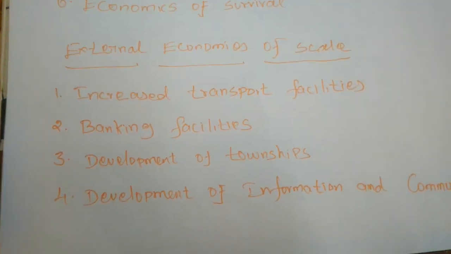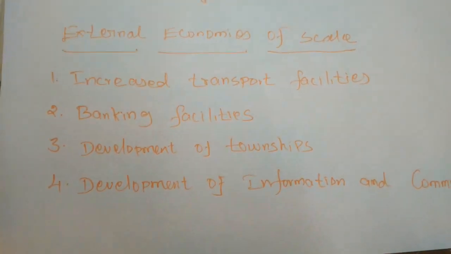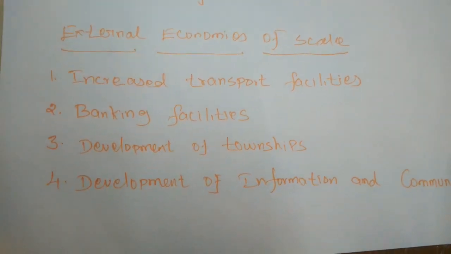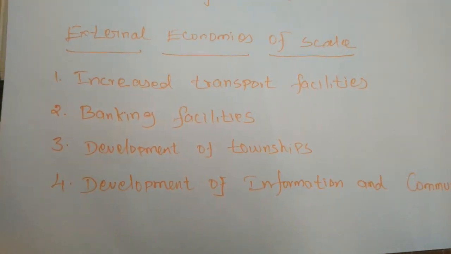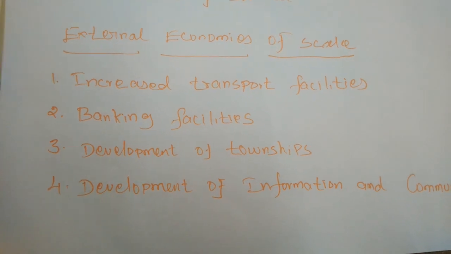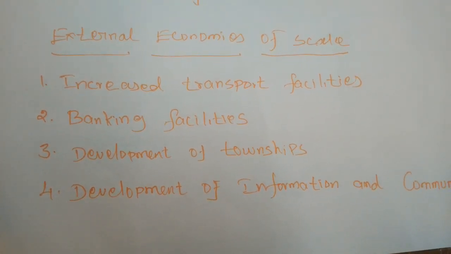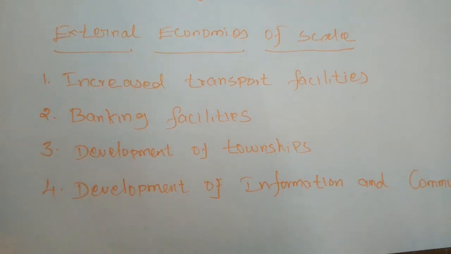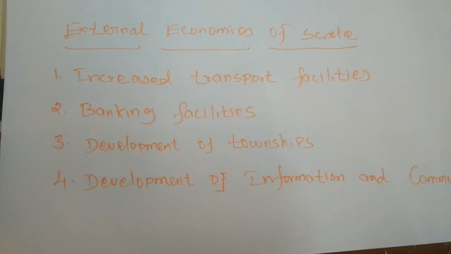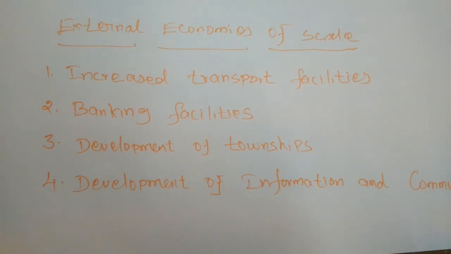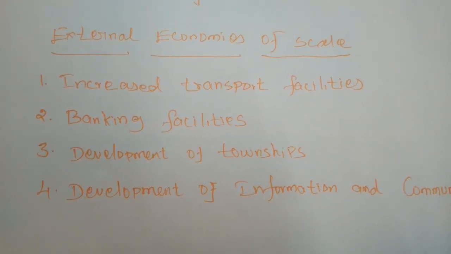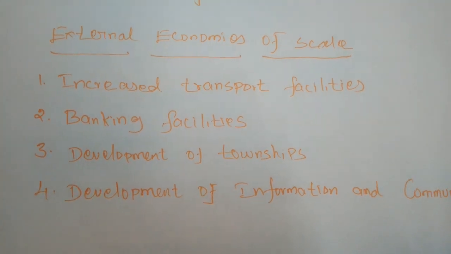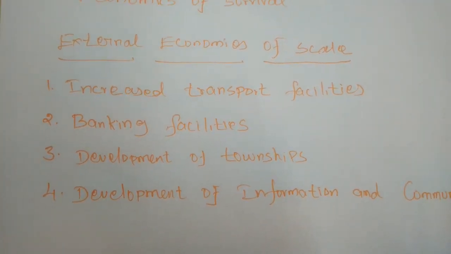How does the production unit increase the transport facilities? For example, one nuclear power project was established near Karungal, right? Once upon a time there were no transport facilities, but after the nuclear power project was established in Karungal, the transport facilities increased.